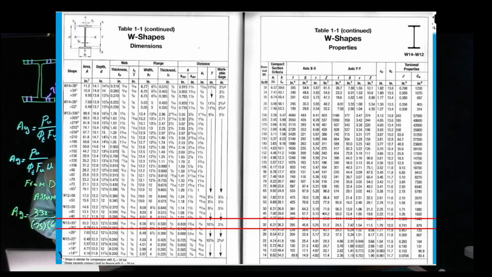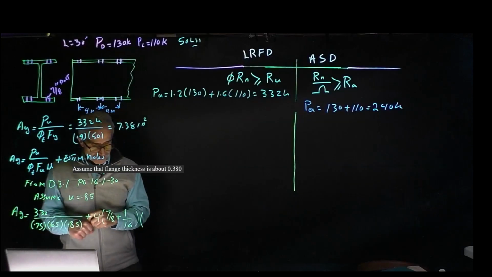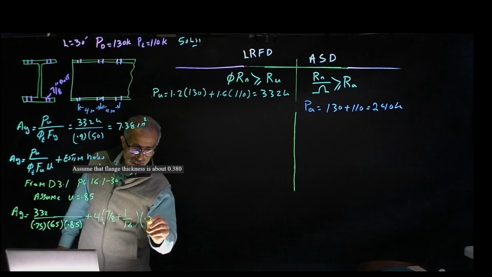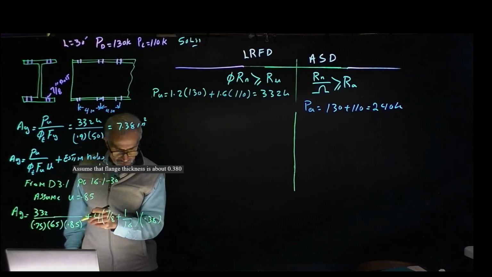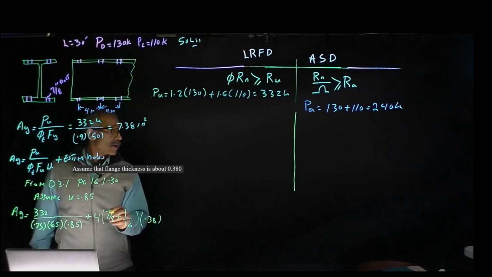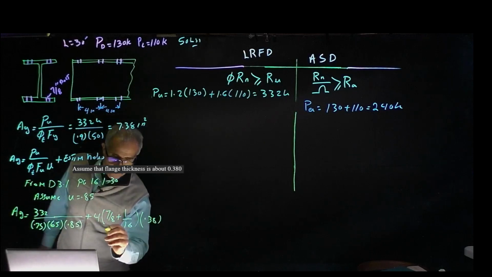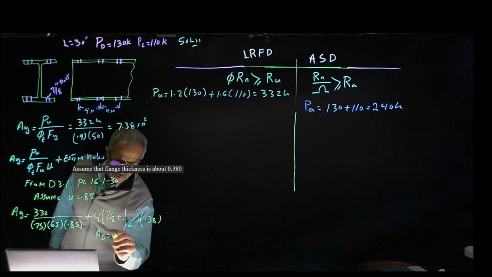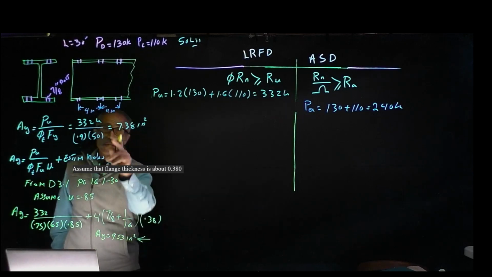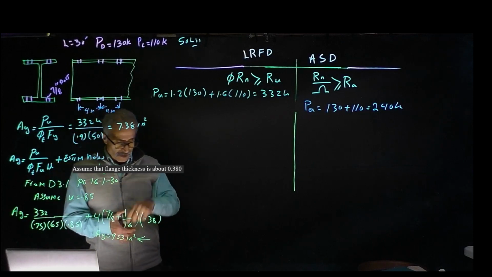So that's going to be 1/16 plus 0.38. And if I calculate all that, Ag comes out to 9.53 inch square, and this controls compared to the one we have up there without the hole, obviously.